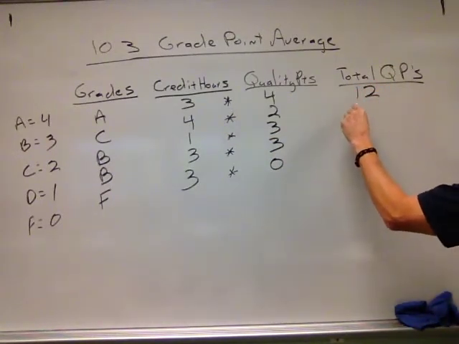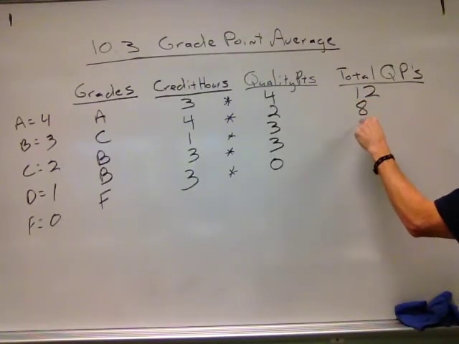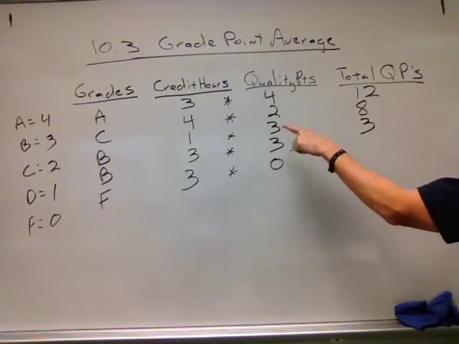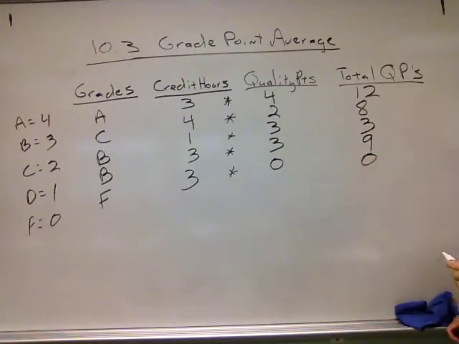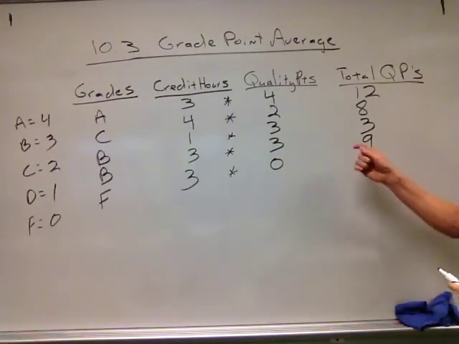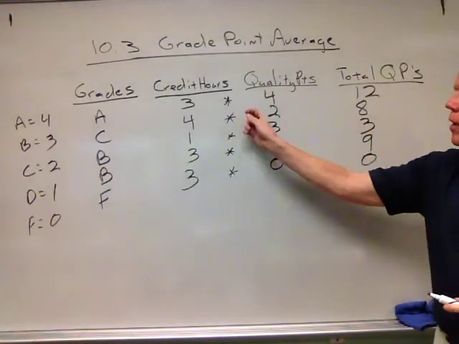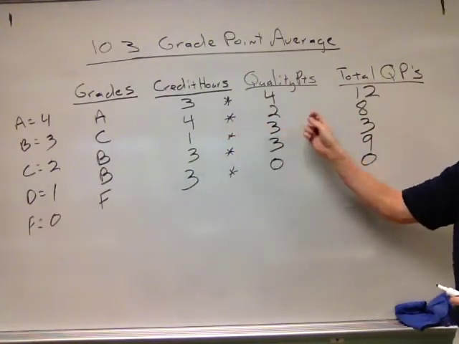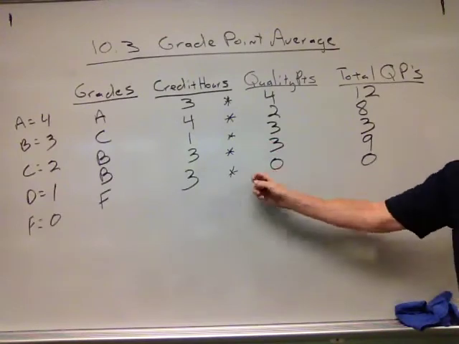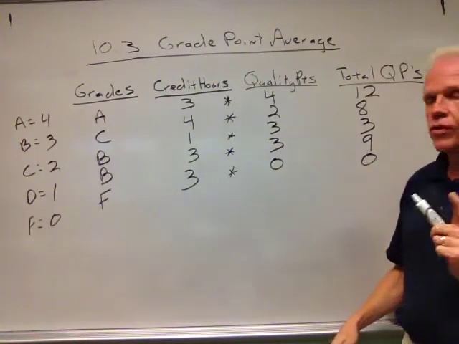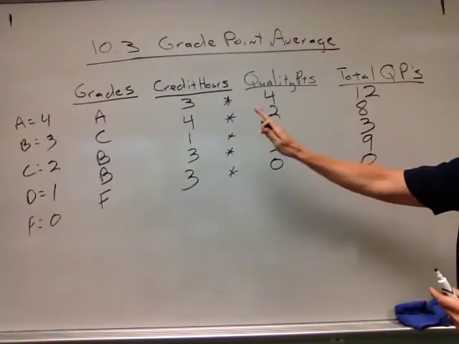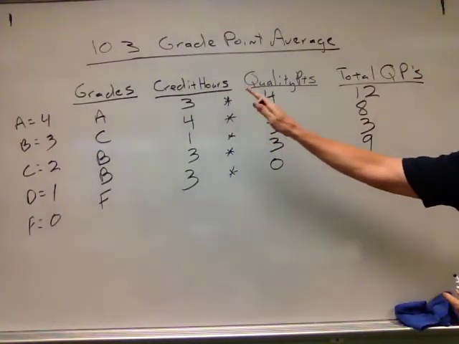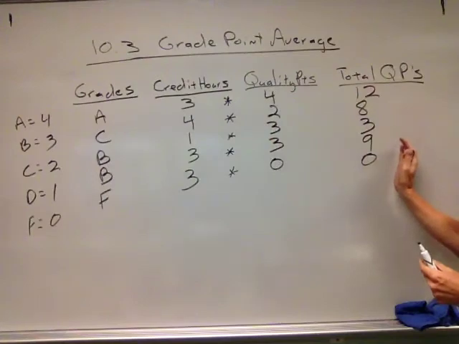In this course, we're going to end up with 8 total quality points. We're going to get 3 here, 9 here, and none here. So 3 times 4 is 12, 4 times 2 is 8, 1 times 3 is 3, 3 times 3 is 9, 3 times 0 is 0. Our step there was simply to multiply our credit hours times our quality points to get our total quality points.